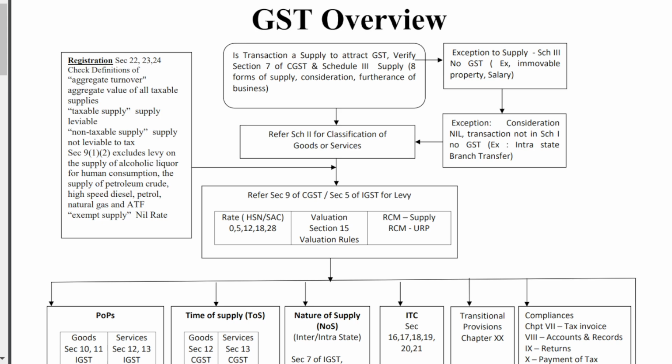The supply of petroleum crude, high-speed diesel, petrol, natural gas, and ATF is not covered under GST and will be taxed separately under the state VAT and excise regime. So we have to study this product under the different regime. We are not going to cover this right now.